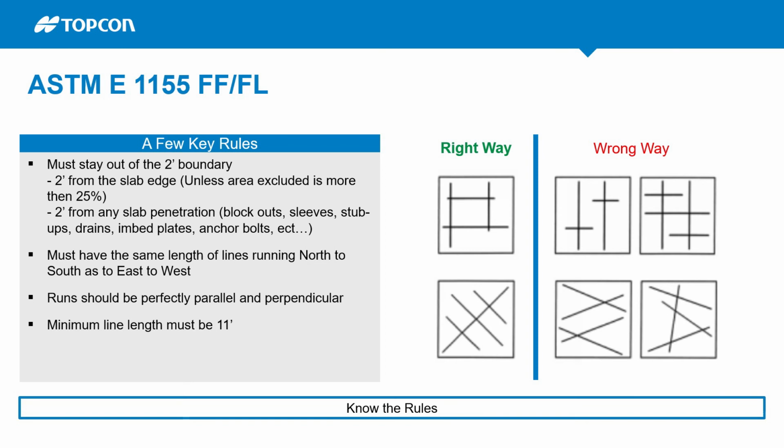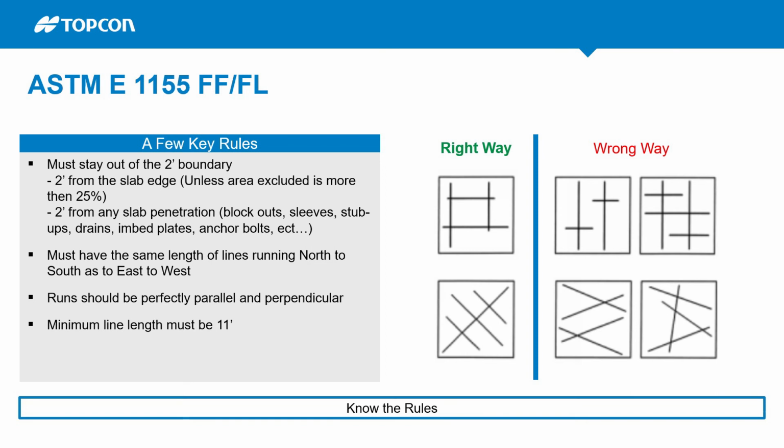The next one is you must stay 2 feet away from any penetration. And that's going to be your blockouts, your sleeves, stub ups, drains, embed plates, anchor bolts, etc. And the reason behind it, as a tip, is because a lot of times the finishing trowel machine can't get close enough up to those points. Or if it's a drain, all the concrete slab is just sloping down to it.